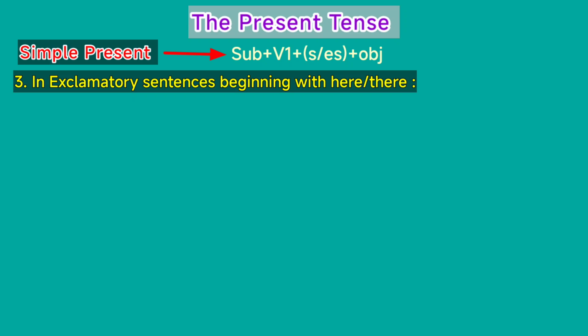If you see the example, here comes the bus. There she goes. In these two examples, here comes the bus means we are waiting for the bus. We have been waiting for the bus for a long time. When we are waiting for the bus a long time, we have suspense. After seeing the bus arriving, we definitely express that surprise.